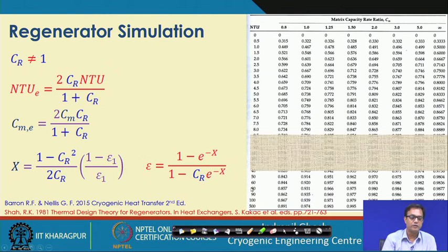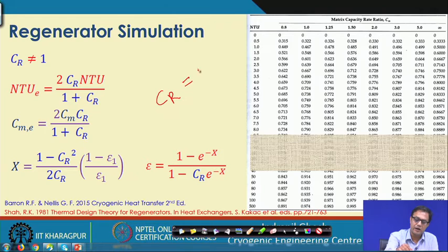Here it is not always expected that we will encounter a situation where CR equals 1. Earlier we talked about the matrix capacity rate ratio and this NTU.